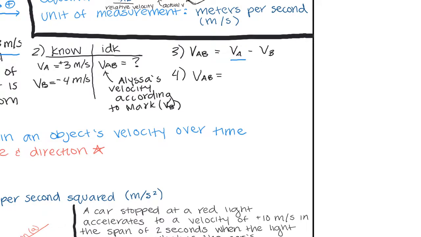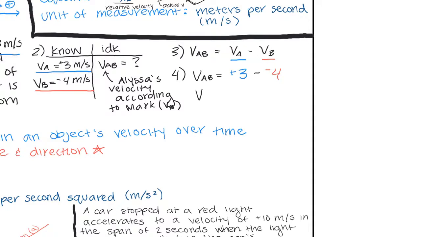VA is equal to positive 3 meters per second. Again, I'm leaving all my operations the same here. VA is Alyssa's actual velocity. We also know what VB is, so I'm going to plug in negative 4 for VB. That's Mark's velocity. And now I am good to solve.